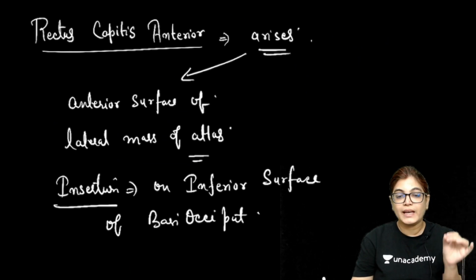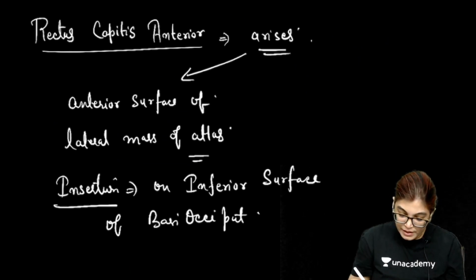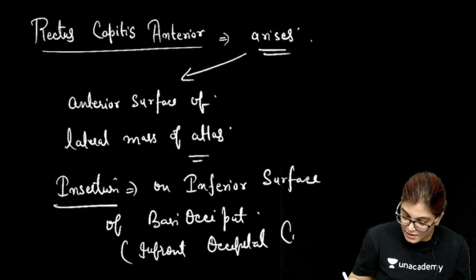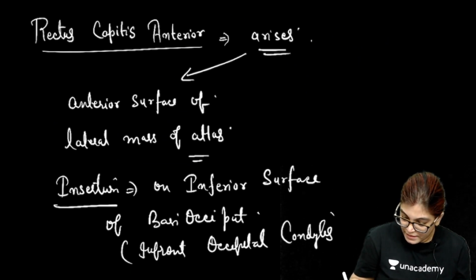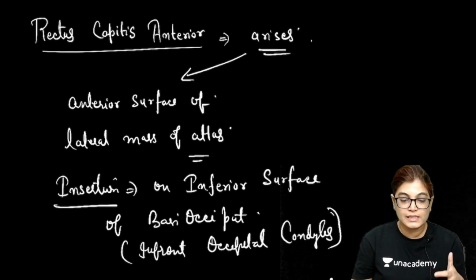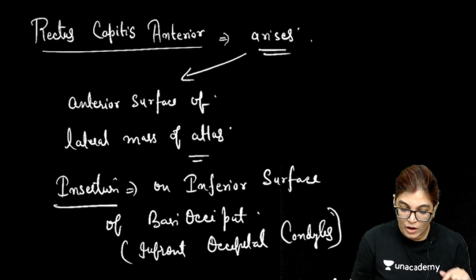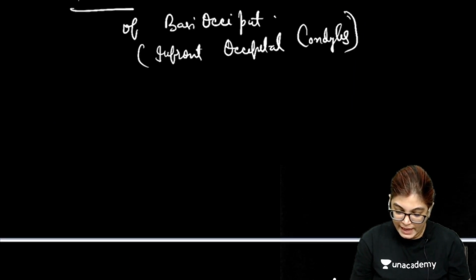To be more specific, its insertion is lying in front of the occipital condyles. Okay, nerve supply and action we will discuss all together for the rectus capitis anterior muscle.